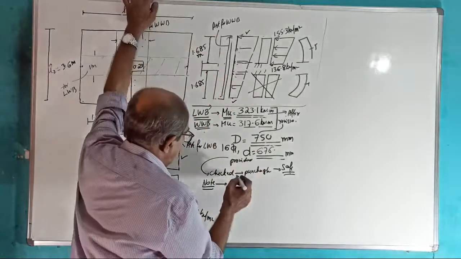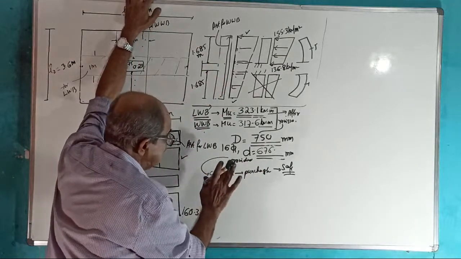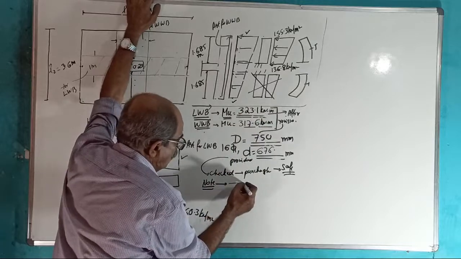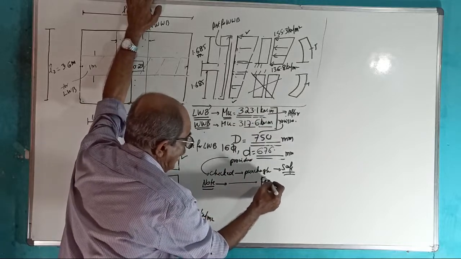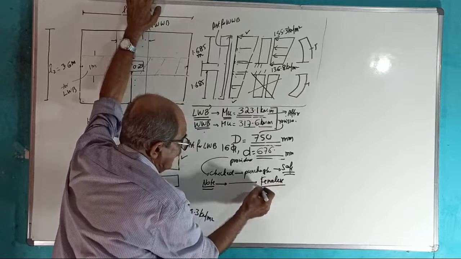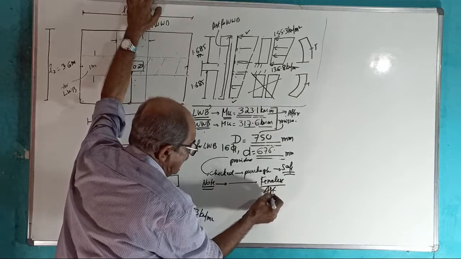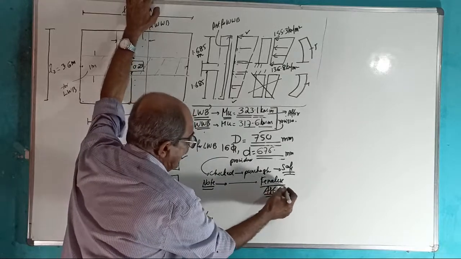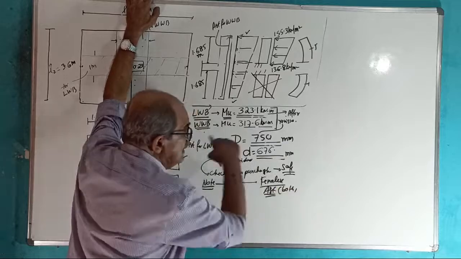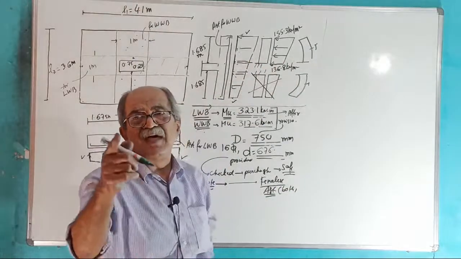Therefore, first you finalize AST in both directions, and then lastly check for that shear.